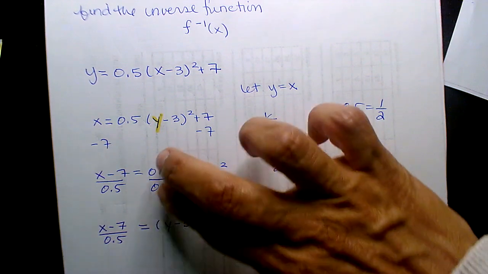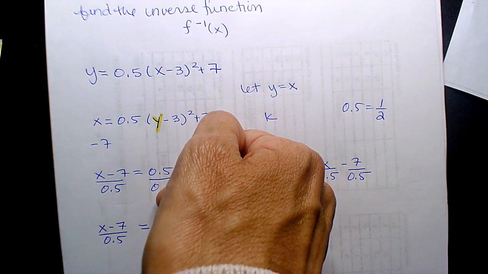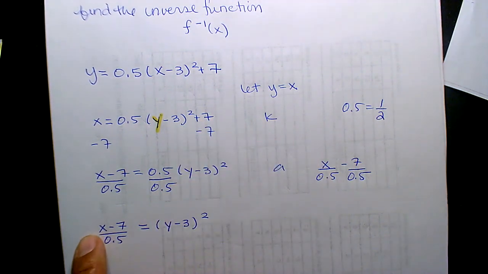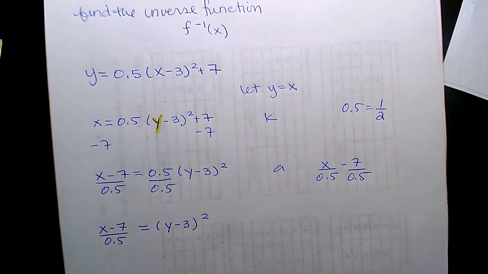So if you were to reciprocal 1/2, it'd be 2 over 1, and then you would get 2x minus 14. So we'll wait until the end. It's not that this is wrong, but ideally you're not supposed to have a fraction or decimal as a denominator. But for now, we're just cleaning it up, okay?